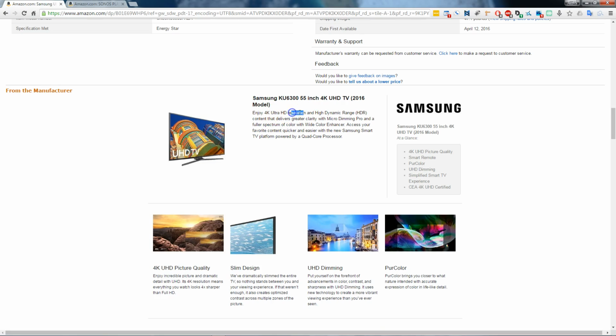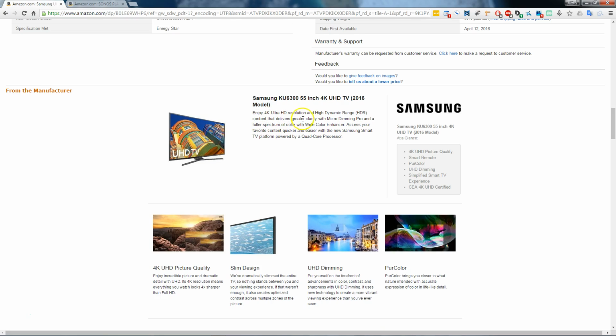Now, you don't really want to talk about features. People don't buy features, they buy experiences. So, enjoy 4K Ultra HD resolution, high dynamic range. This means nothing. This doesn't have an impact on my emotions. This doesn't pull at my strings, which is what copywriting is. It's a form of persuasion.